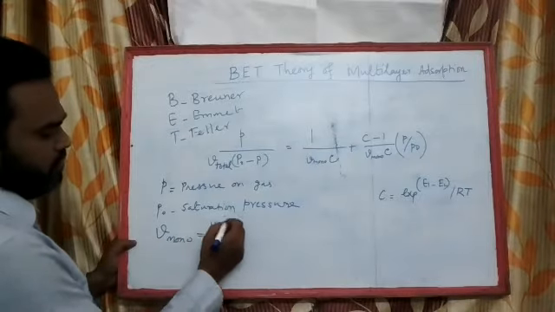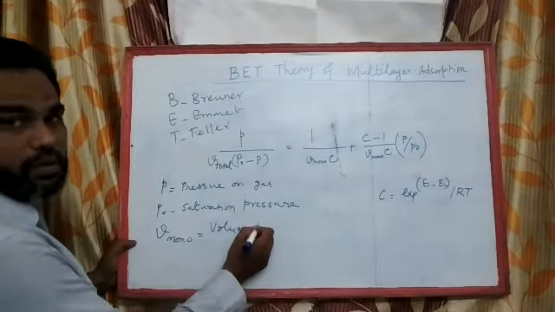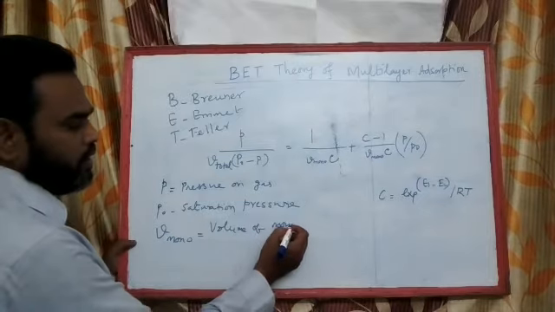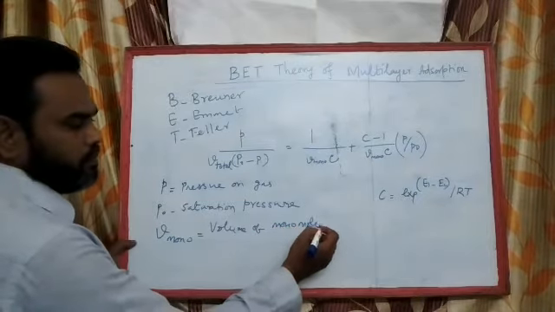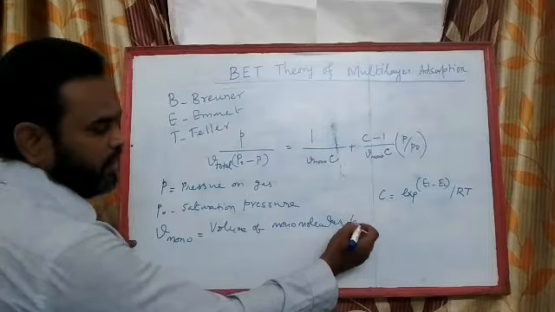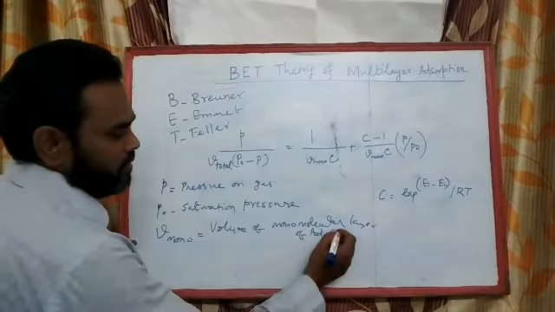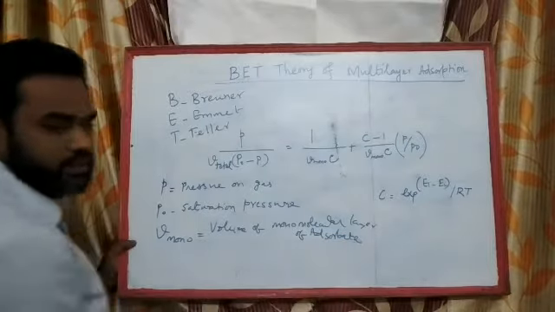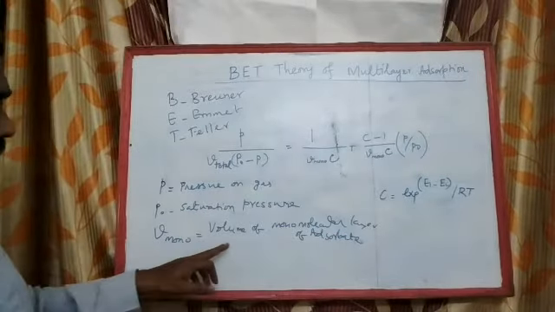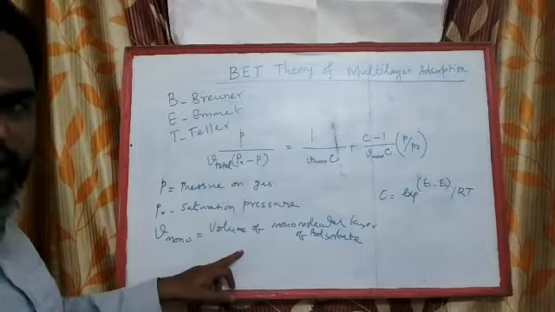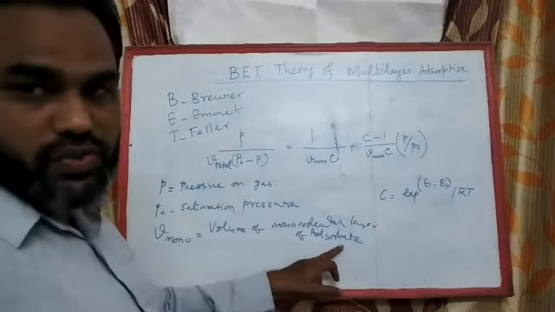is the volume of monomolecular layer of adsorbate. It is the volume of the gas occupied in the monomolecular layer of adsorbate.